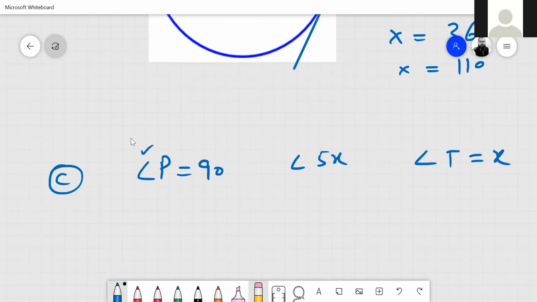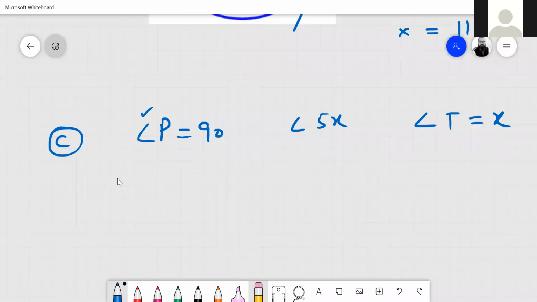What should be the sum of all these three? It will be 90 plus 6x, and should be equal to what? I think 180, sir, because this is a triangle.